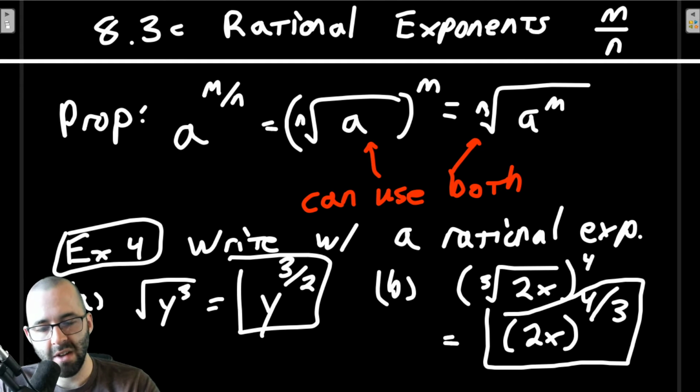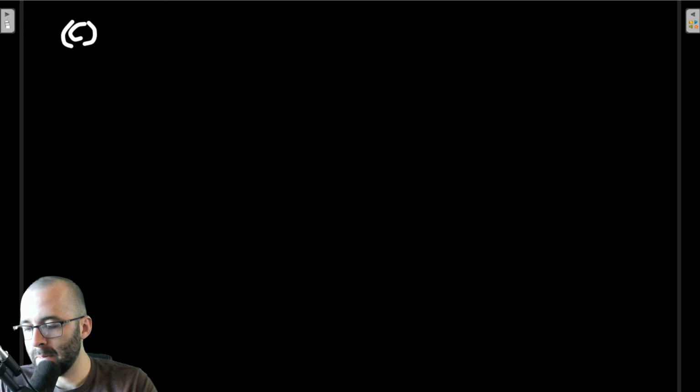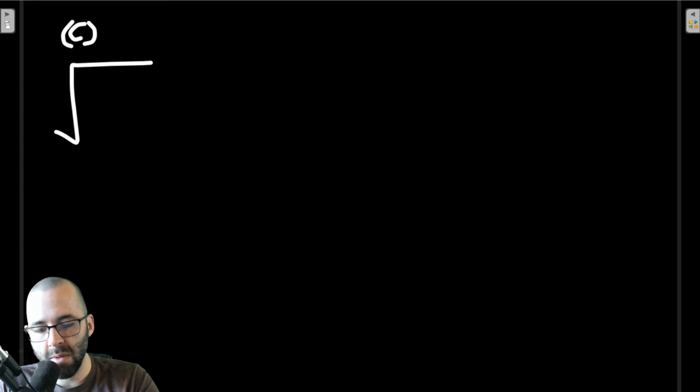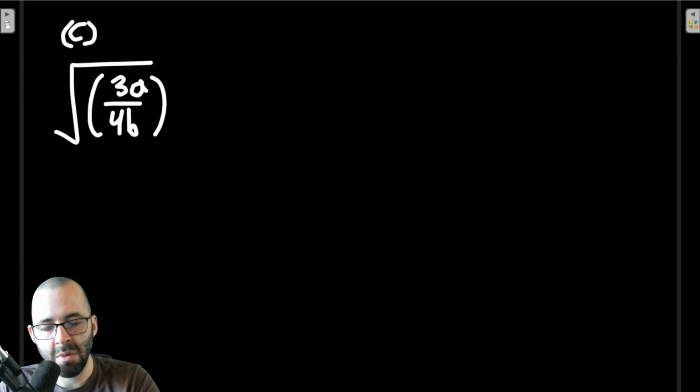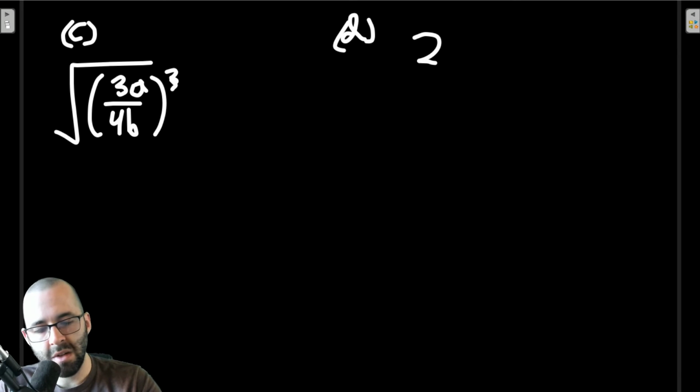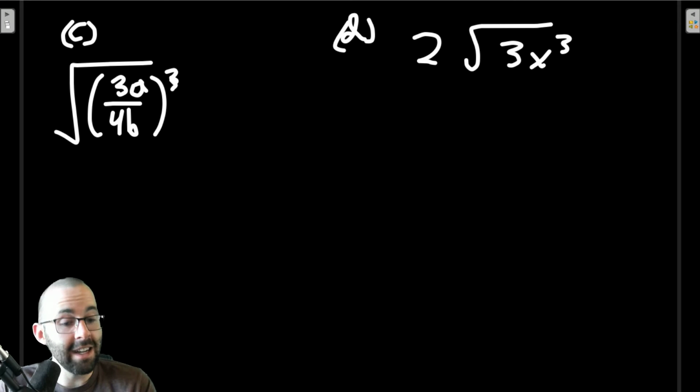All right, let's do 2 more, and then I shall unleash the homework problems on you. Part C will be the square root of 3a over 4b cubed. And this one looks awful, but don't worry. I'm not asking you to simplify anything, just to write it with a rational exponent. Part D will be 2 times the square root of 3x cubed. Now, part D is much more of a headache than part C. All right?